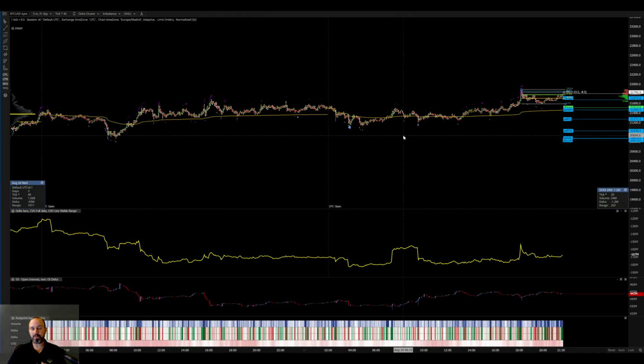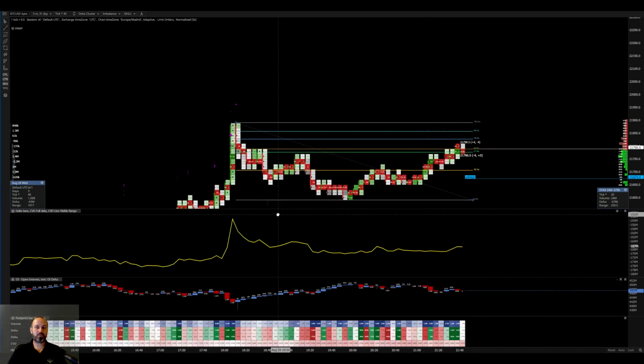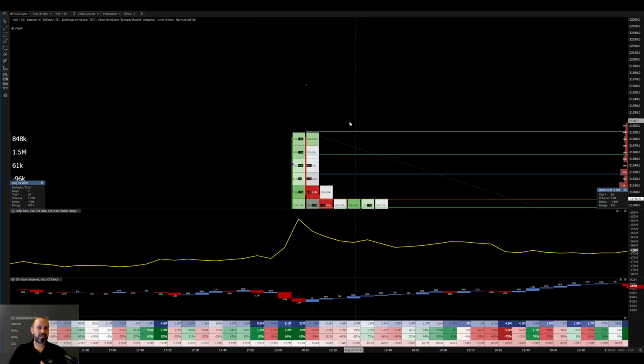But we need to remember we still need that confluence. So here we had the confluence, so we can build a case based on this. If this is a good trade or a bad trade, that is a totally different story. But I'm checking this visually. The bigger the liquidation, the better the chances for a possible reversal.